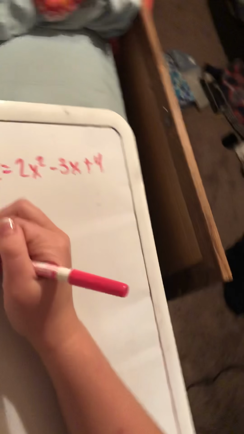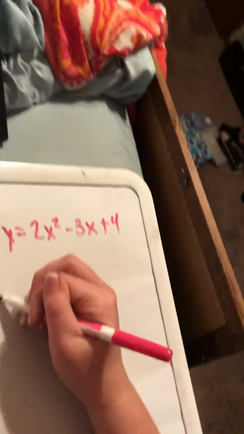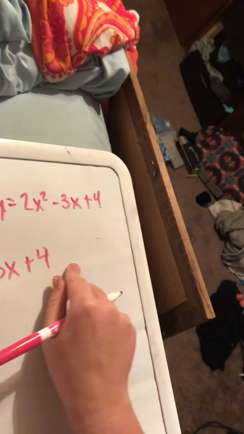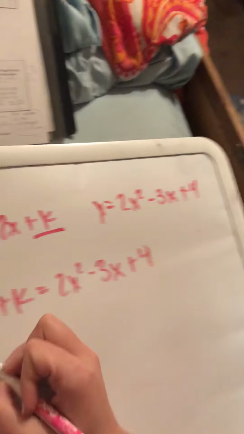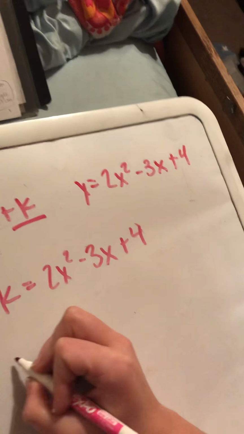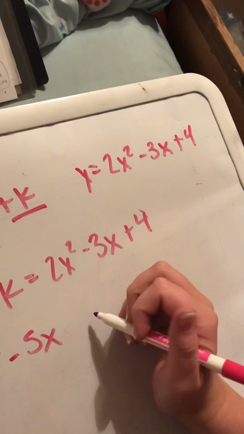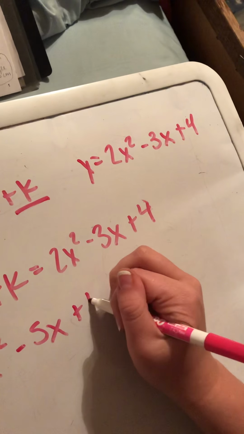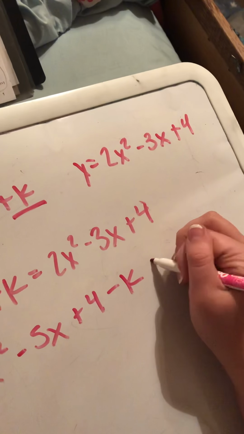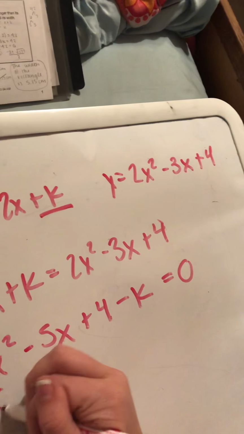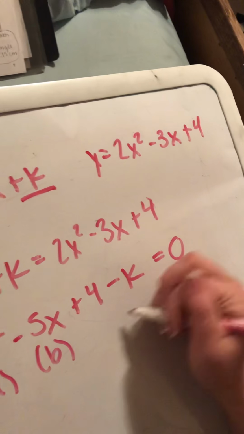I'm trying to get it where you can see. You're still going to set them equal to each other, and so you'll have 2x squared minus 5x plus 4 minus k equals 0. So you still have your a, b, and c.